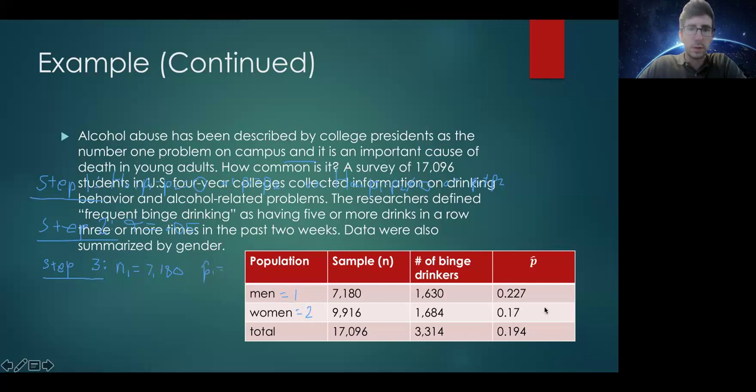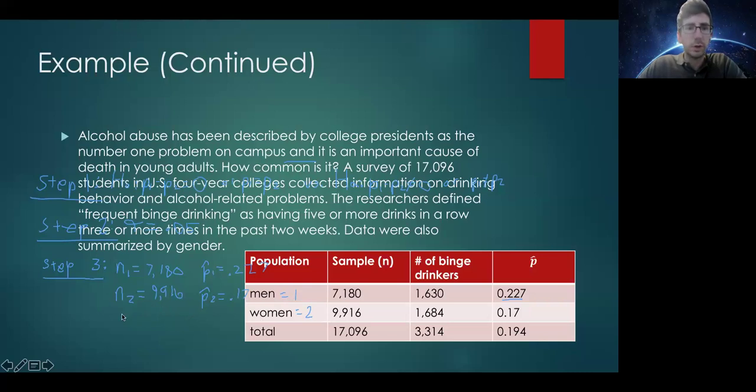P hat 1, for the men, was 0.227. And then our sample size of women was 9,916. And P hat 2 was 0.17.